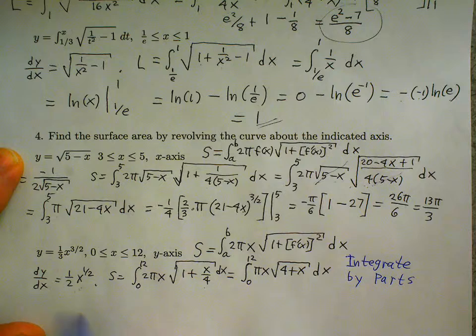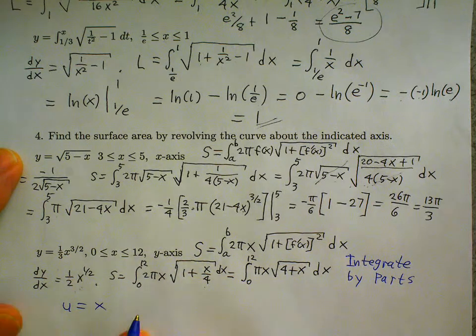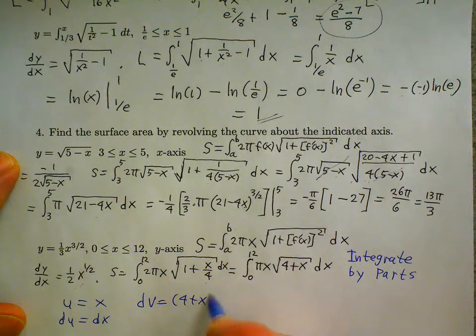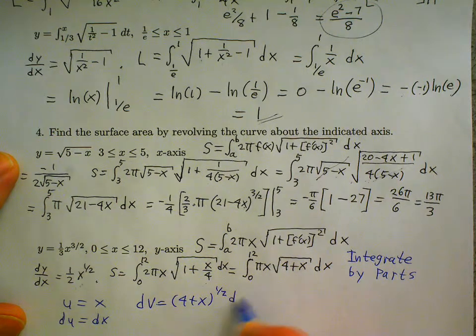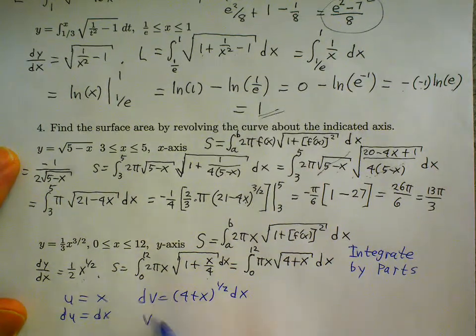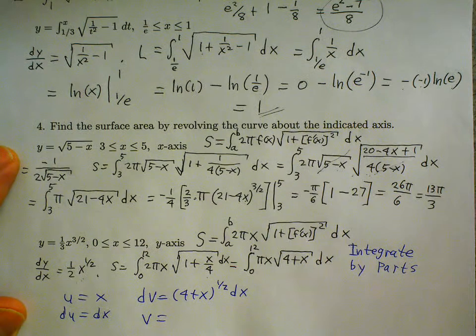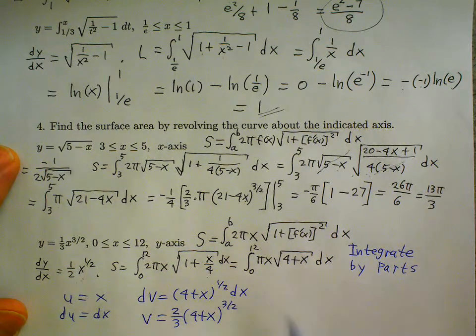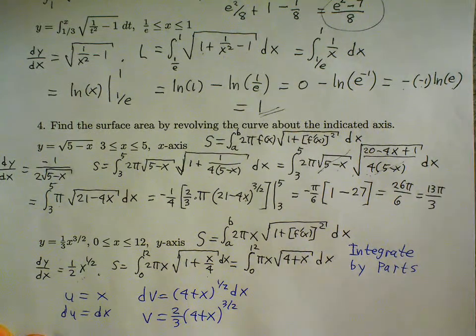You can let u be equal to x, so du is dx, and dv is 4 plus x to the 1/2 dx. And so v turns out to be 2/3 times 4 plus x to the 3/2. After that, it's not too bad integrating by parts.